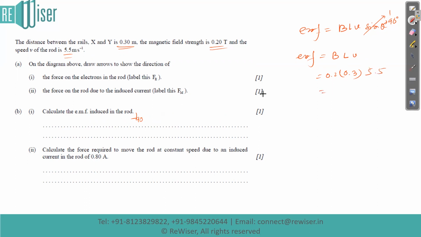Now let us find it out. 0.3 into 0.2 into 5.5 gives 0.33 volts. EMF is 0.33 volts. So I'll write it here. 0.33 volts.